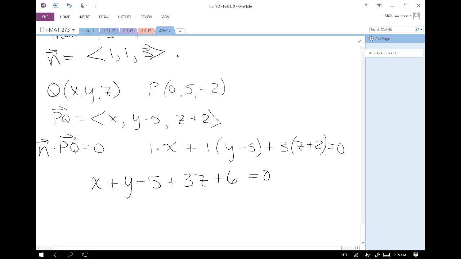And we've got some constants we can put together, a minus 5 and a plus 6. And then we also want to move it to the other side of the equation. On the left, it's a positive 1. It's going to move to the other side as a negative 1. So it's X plus Y plus 3Z equals negative 1.